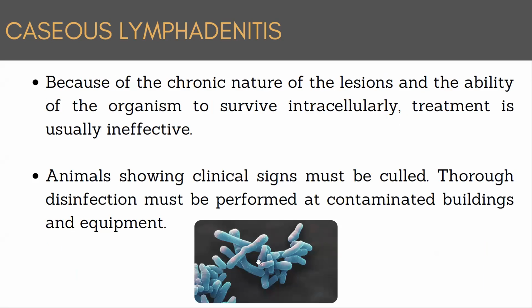So, nagka-clump mga yan, tapos titignan mo sa slide mo sa microscope. Mukha silang, alam mo naman yung Chinese letters, diba? Yung lines na patong-patong. So, i-search nyo man yung causative agent nito, para mas ma-appreciate nyo. So, yung nakita kong picture, malabo siya nung tinry ko siyang download. So, hindi ko na siya in-include. So, yan.